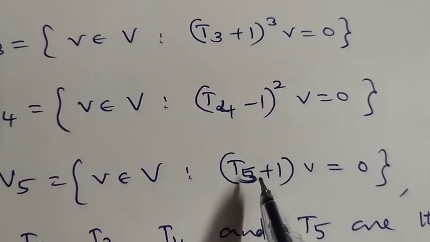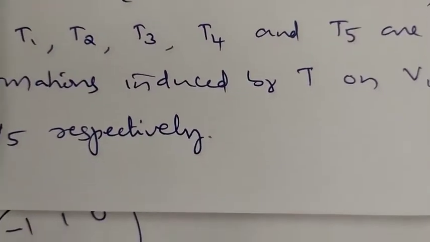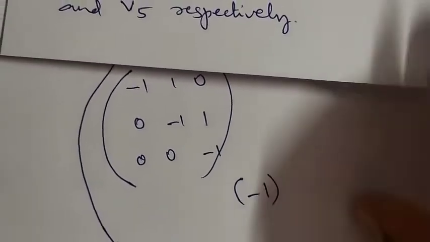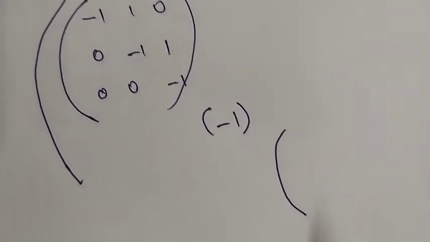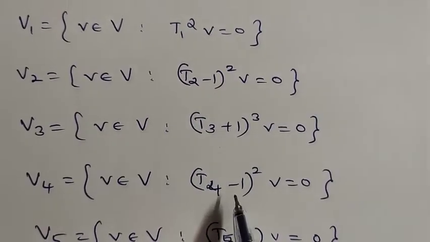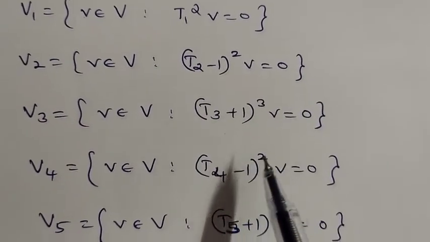Again we take the eigenvalue; this one is a 1 cross 1 matrix, so you write minus 1, a 4 cross 4 matrix over. Next, the other choices we have considered are T1 square of V is 0, and then T4, (T2 minus 1) whole square and T4 minus 1.